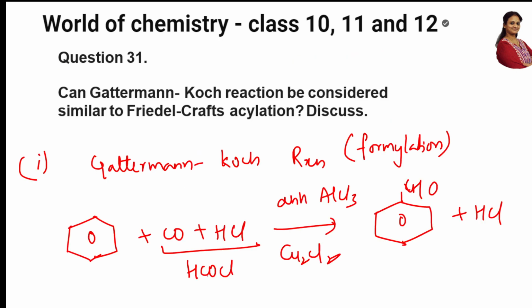Here also you're treating with an acid chloride. This is also acid chloride, correct? Again you're treating with anhydrous AlCl3. That means in both the cases you're treating with acid chloride and anhydrous AlCl3. That's why, can I make it similar?